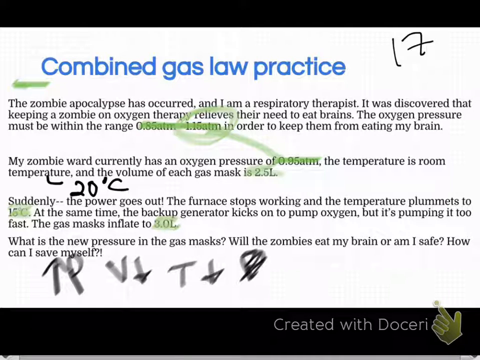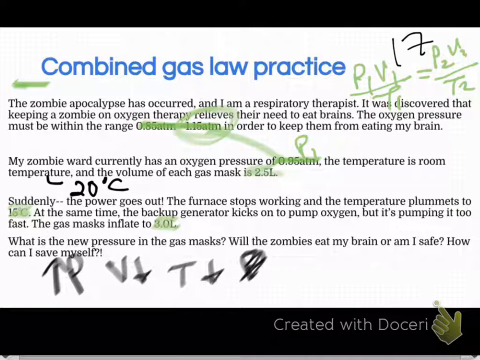So the combined gas law has this form. It's P1V1 over T1 equals P2V2 over T2. So I like to establish what my various variables are. So I'm going to call this P1 because it's atmosphere, so it's a pressure, and that's the first pressure I'm given.